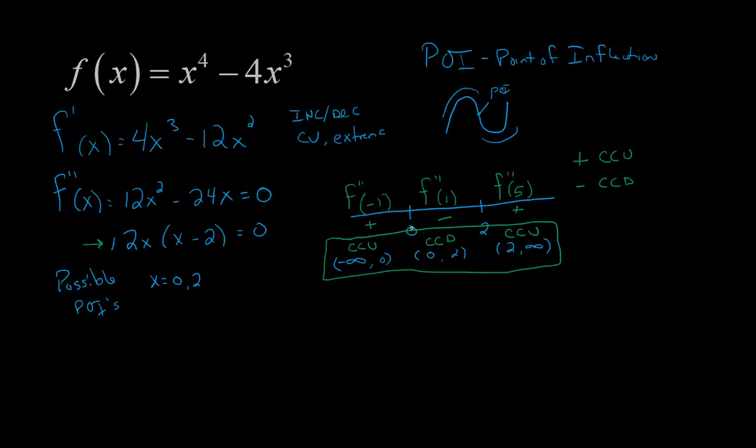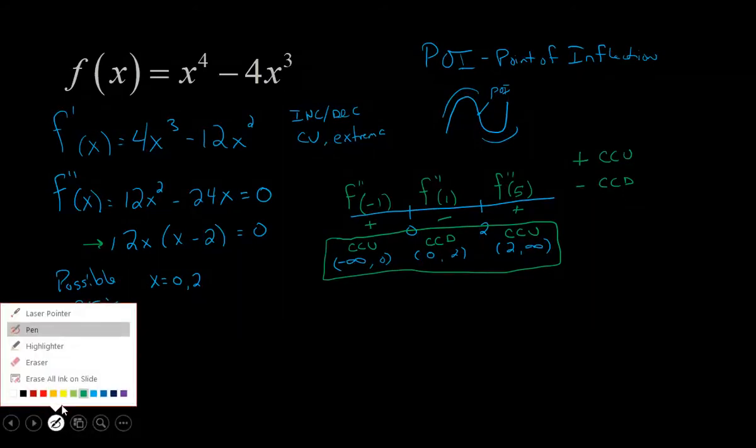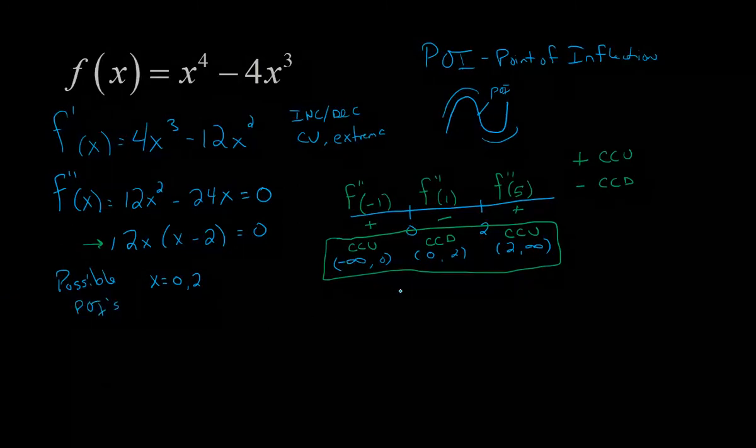And at those possible POIs, if I have a change in concavity, that makes it an actual POI. So right here at 0, I did have a changeover. So I do have a POI at 0, comma, and then remember, anytime I need a y value, I go back to the original function.